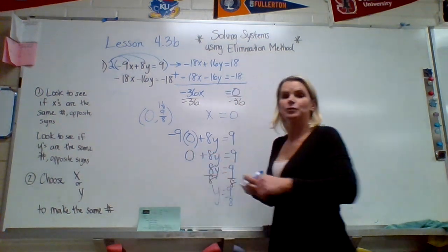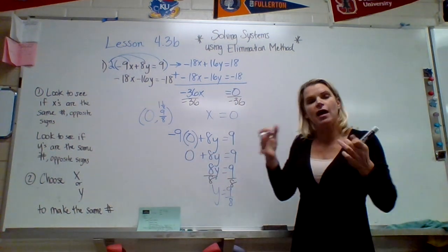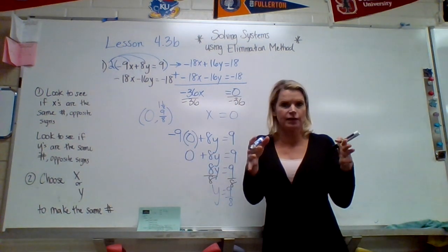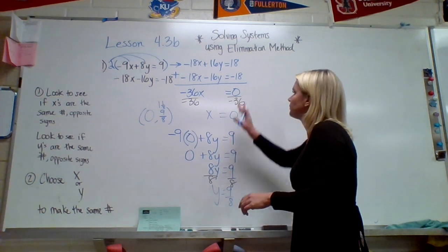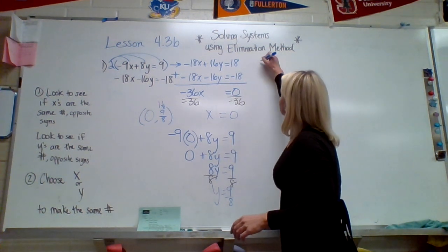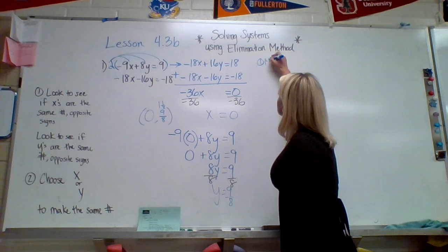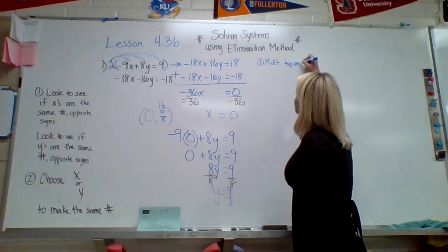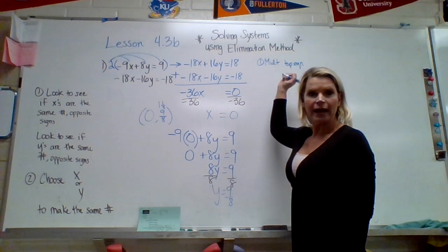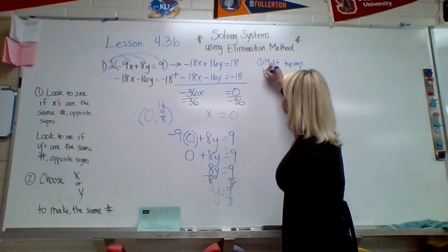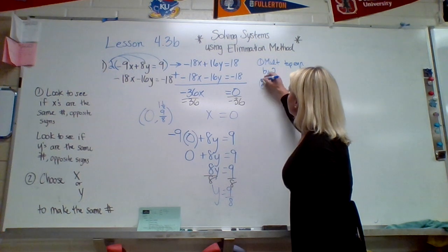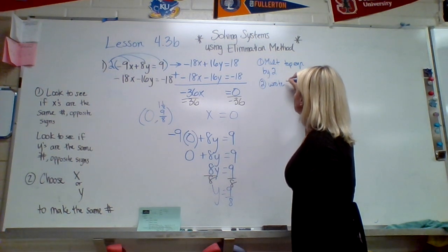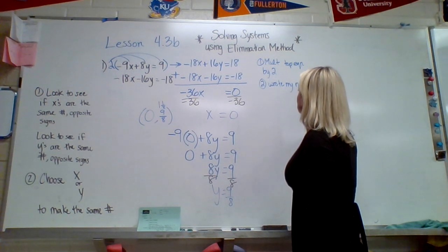So one thing that I haven't written yet is my steps. And I know that you have that box on the side of your paper, so I want to make sure that I address that. I've got step 1. I multiplied the top equation, I'll put EQN, by 2. Then I wrote my new equation.